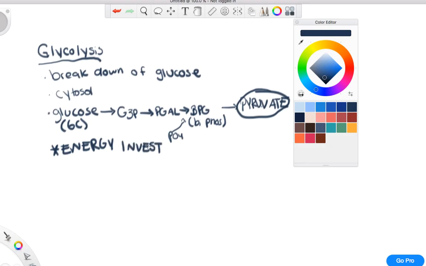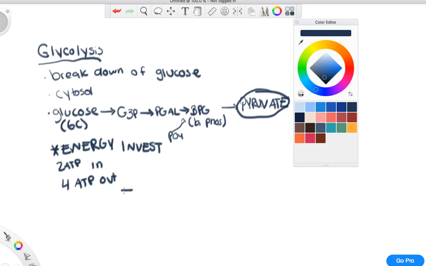So, the stock market, if you're going to try to make some money, you're going to put some money in to get some money back, right? So here, what you're going to do is you are going to put in 2 ATP in the beginning. And what you're going to do is you're going to have 4 ATP out.